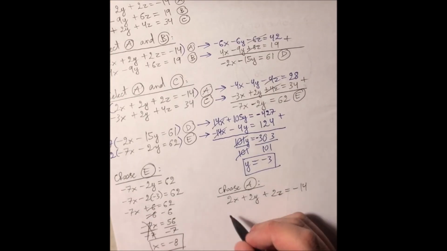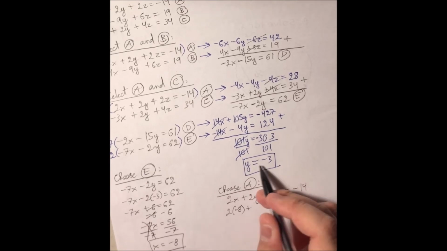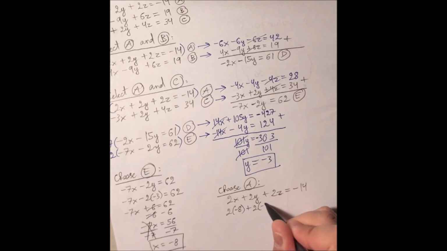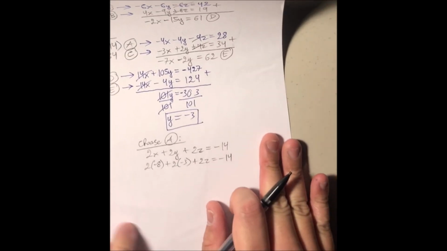But x is negative 8, so I got 2 times negative 8. y is negative 3, so I got plus 2 times negative 3. Keep the plus 2z and keep the minus 14 on the right hand side, like that.